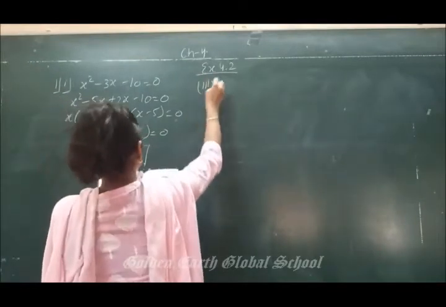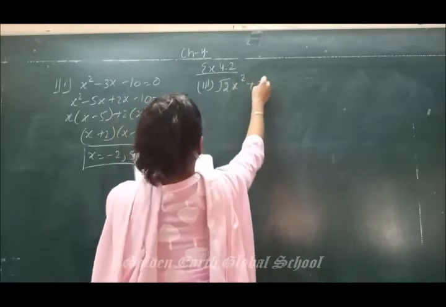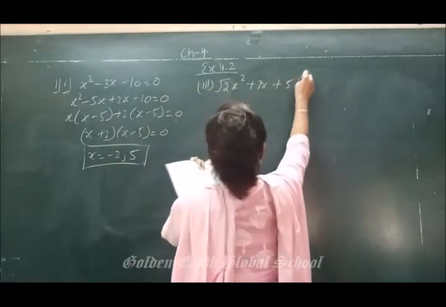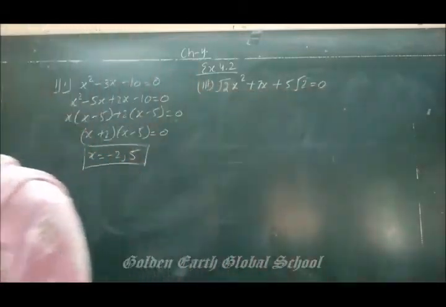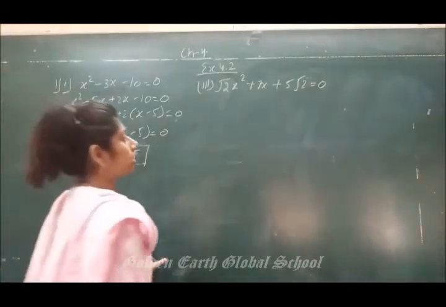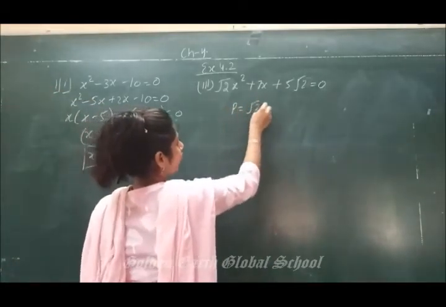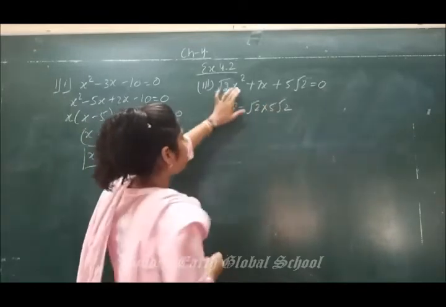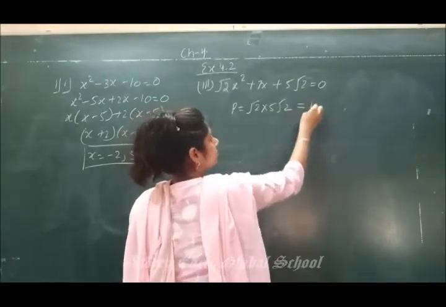There is a question in the form of an irrational number. See, root 2 x square plus 7x plus 5 root 2 equals to 0. Now we need the product, which is root 2 into 5 root 2, the coefficient of x square and the constant term. So the product is 10.